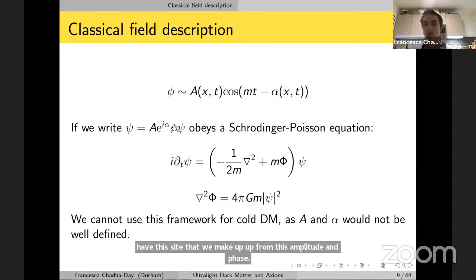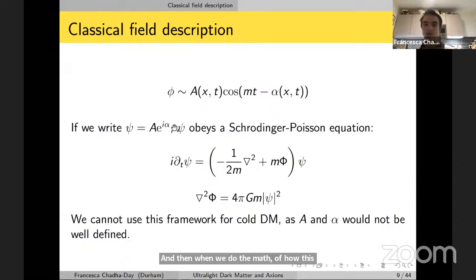And then when we do the maths of how this field behaves under gravity, we find that this psi obeys a Schrödinger-like equation. So it's like a time-dependent Schrödinger equation of this field moving under its own gravity. So the potential is this gravitational potential in the Schrödinger equation. And these equations really define how ultralight dark matter forms structures under its own gravity.